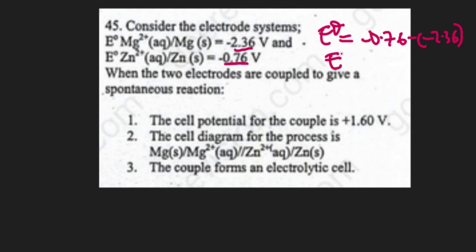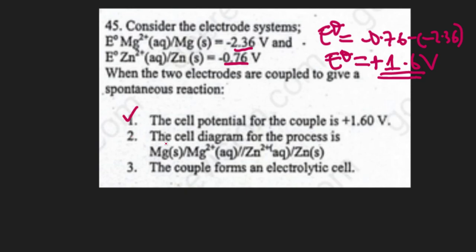And if we punch that, we have our E cell to be positive 1.6 volt. So our statement 1 is correct. Between these two half cells, the half cell with a higher electropotential value is said to be the cathode, while the one with the lower electropotential value is said to be the anode. So our first statement is correct.